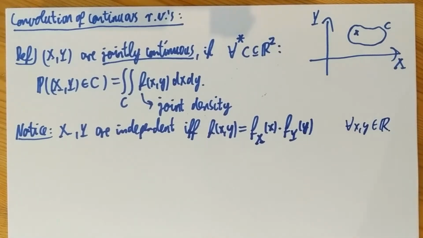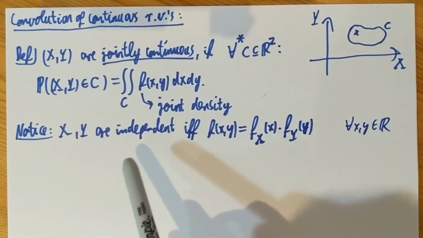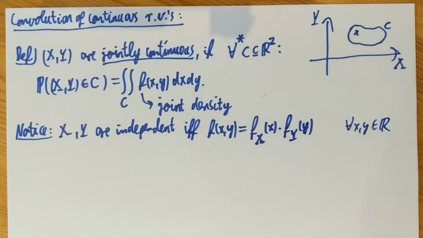So these are the preliminaries which we need for the convolution of continuous random variables.